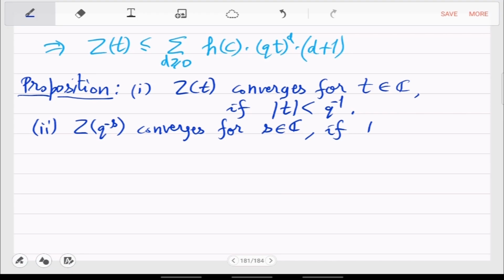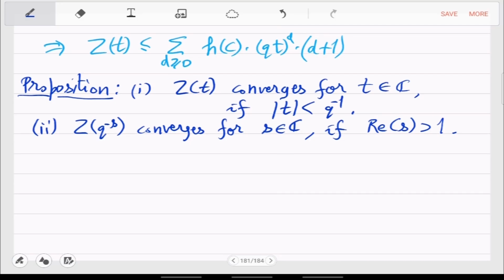What does that give you? Q raised to 1 minus s should be falling, which means that the real part of s should be greater than 1. Right.